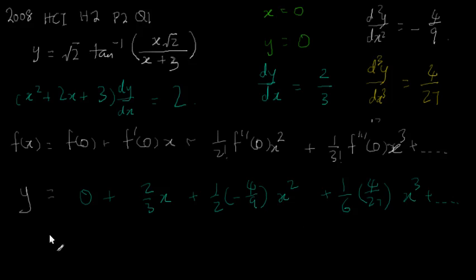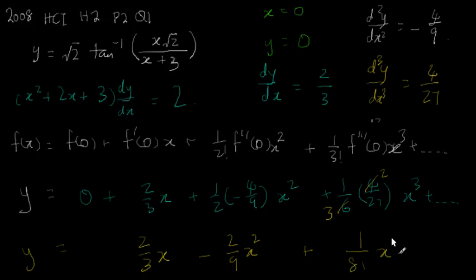And that's it really. It's just a matter of simplifying the series. That gives y equals 2/3 x minus 2/9 x squared plus, okay, let's divide, cancel these two, 2, 3. So divide that and that by 2. And 3 times 27 is 81. So that gives 1/81 x cubed plus dot dot dot.